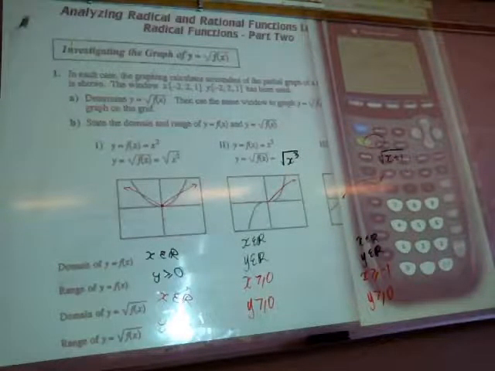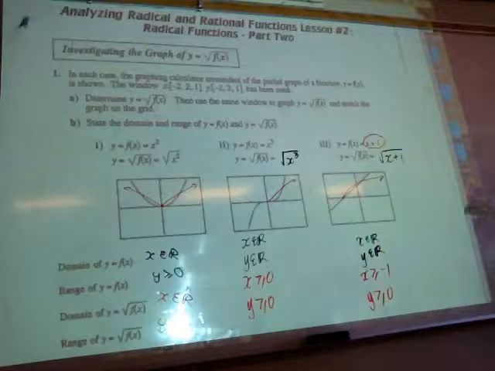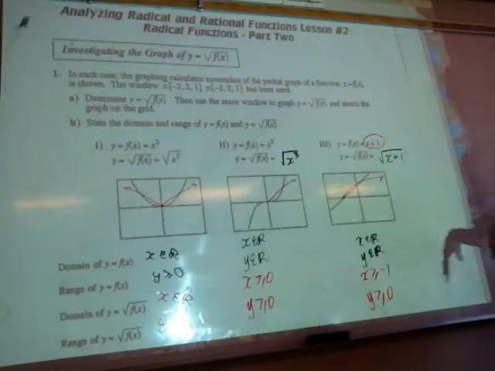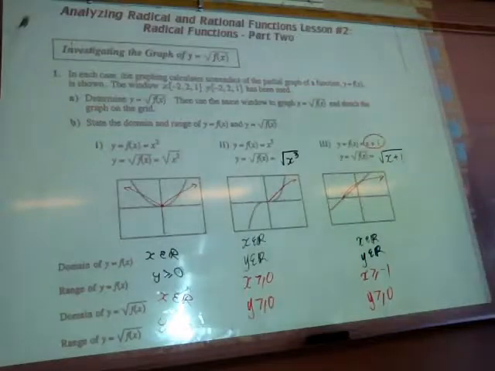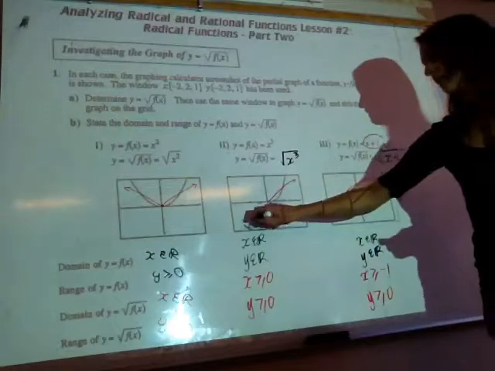Now before we move on, have you guys noticed any trend between this graph and this graph and what happened to this negative portion here? Disappeared, and why would that be? Okay, nothing happened here, and nothing happened here.